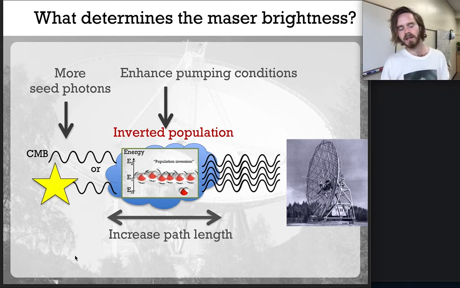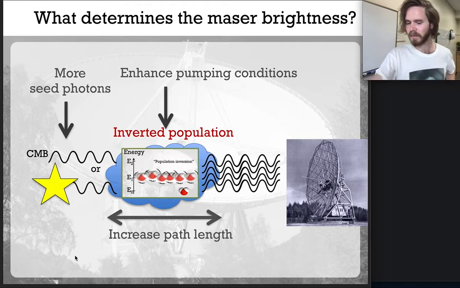What you have to consider is that for any particular maser transition, let's say we're talking about the 6.7 gigahertz methanol maser, that seed input photon needs to be at 6.7 gigahertz, right? Because to have the stimulated emission, you have to have the input photon with the same energy, based on its frequency, as the difference between the two energy levels.